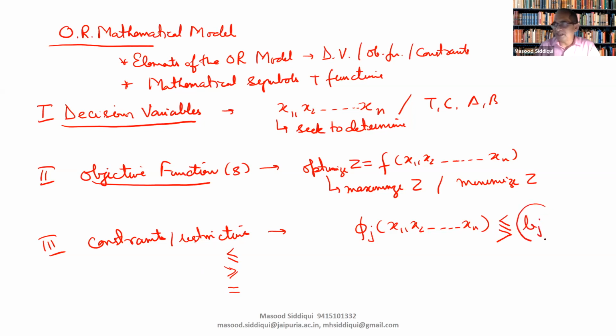This bj represents the limitations imposed. These conditions can be one or more than one. Suppose we take it as m. So there are m constraints or restrictions imposed on the system, and here we have a single objective function.